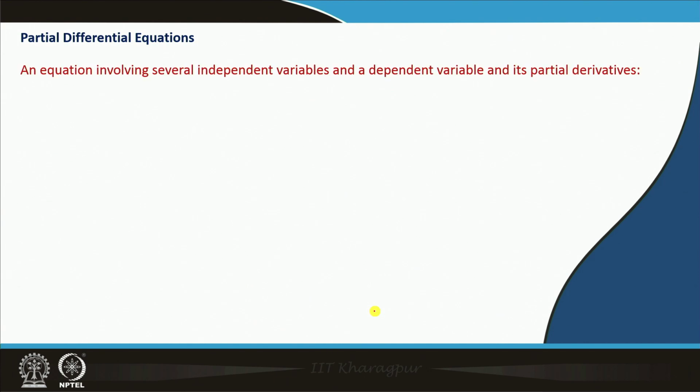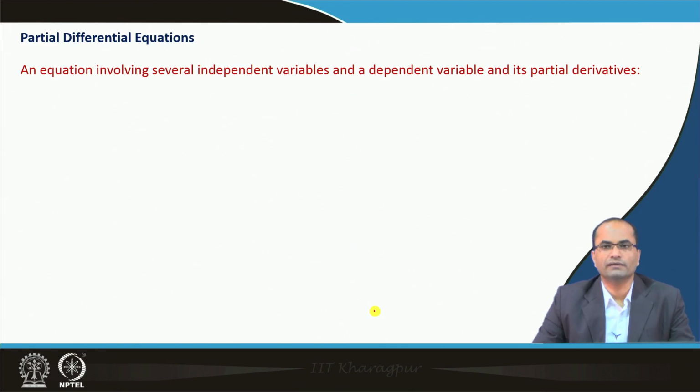An equation involving several independent variables and a dependent variable. Just recall, when we are talking about the ordinary differential equation, we have only a single independent variable, and if there is one equation, only one dependent variable, or if there is a system of equations, then there will be more dependent variables.